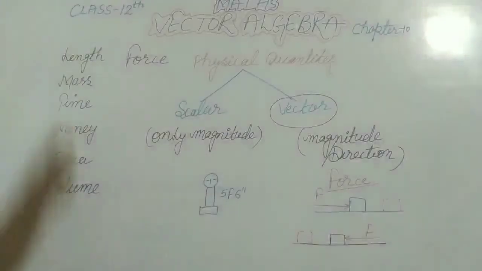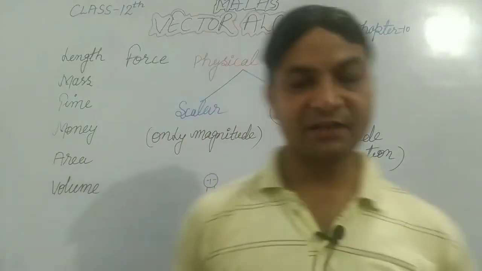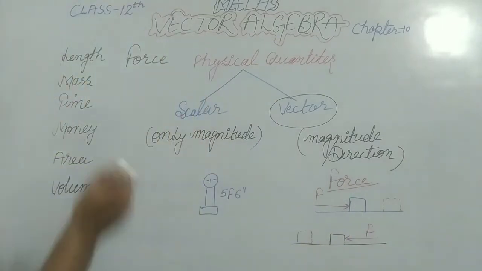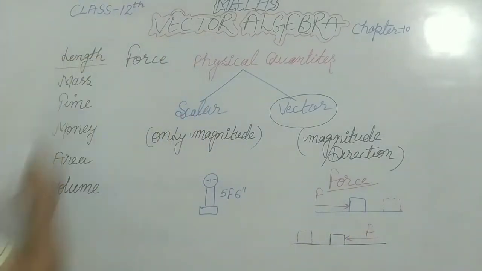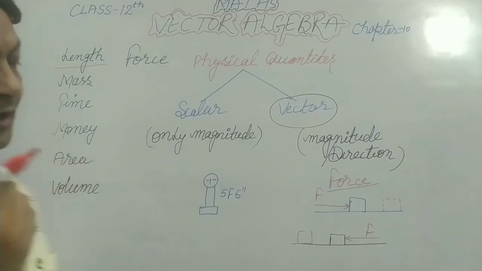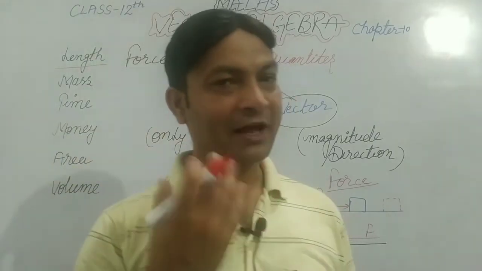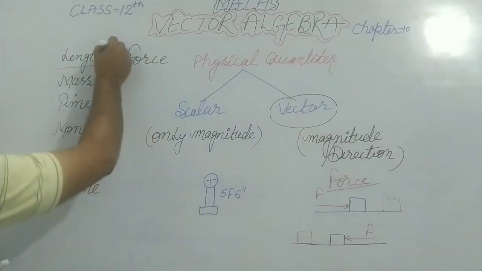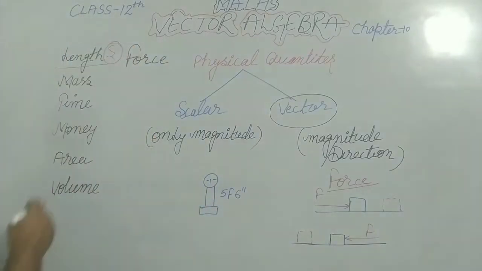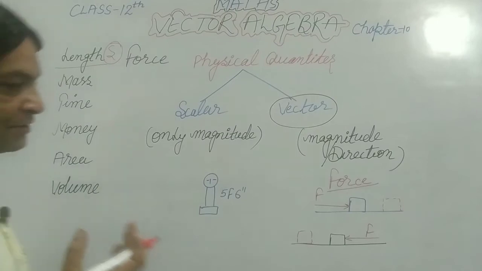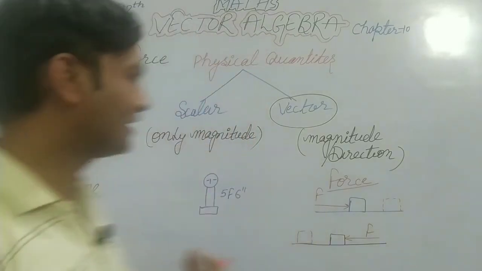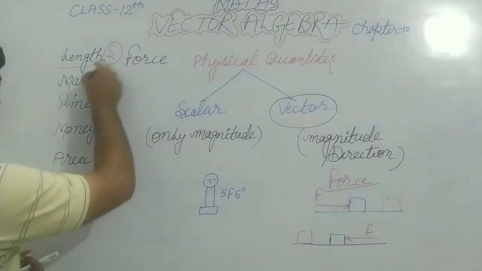Here we take some physical quantities and recognize whether they are vector or scalar. First we have length. Length has no direction, only magnitude, so it is a scalar. Second, mass. Mass only has magnitude, no direction, so it is a scalar.